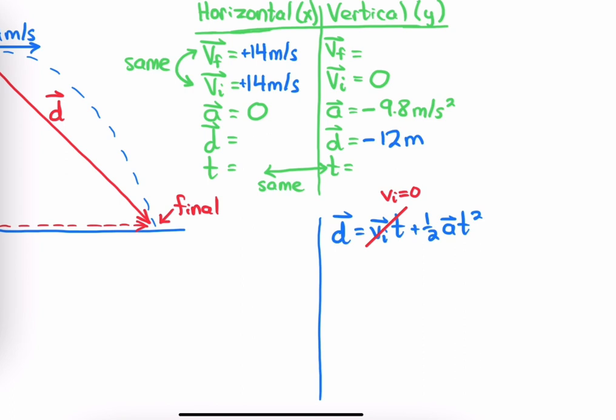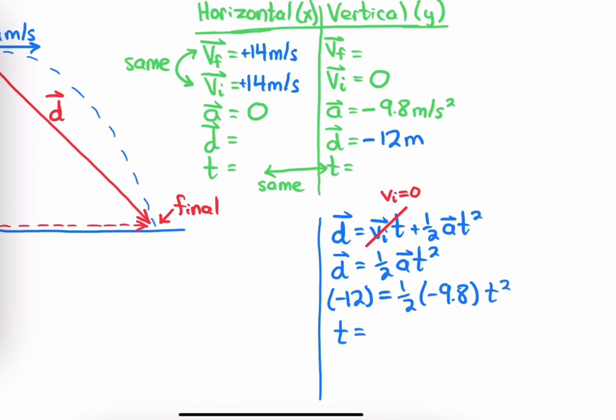So my equation becomes d equals 1/2 a t squared. And I can plug numbers in. d is -12. a is -9.8. t squared. And then if I solve that for t, I will get the t. And if I round this to 3 sig figs, 1.56 seconds.